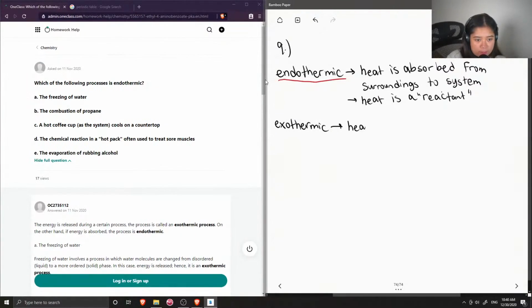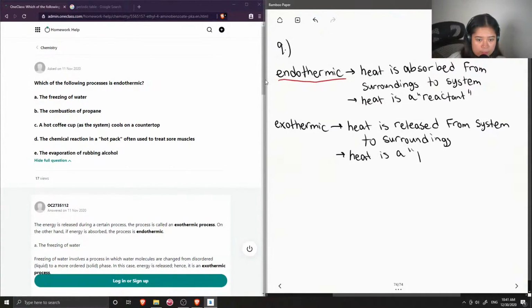So heat is released from the system to the surroundings. So for exothermic reactions, heat can also be considered a product.